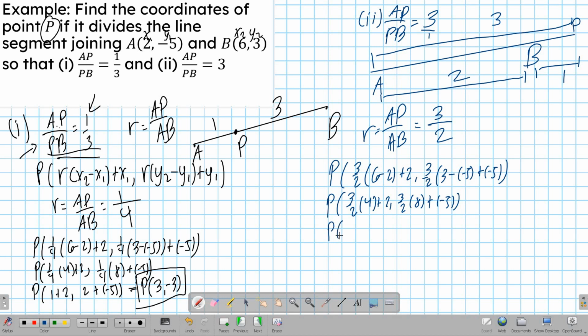This would be 6 plus 2, since 3/2 times 4 is 6, while here, plus negative 5. Therefore, the coordinates of the point divisor here would be 8, 7. And there you go. That is an example of how we apply the concept of division of a line segment in solving geometric problems.